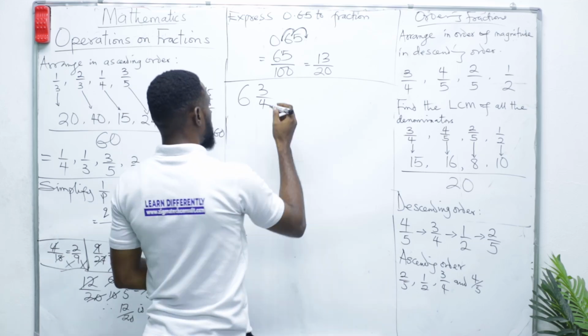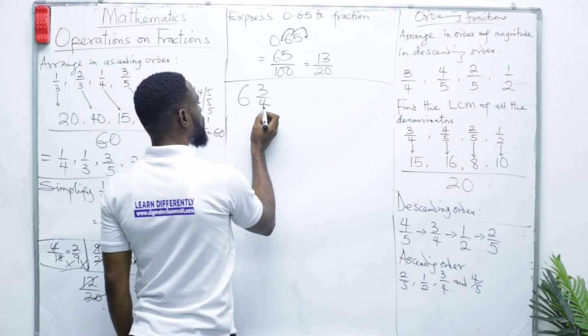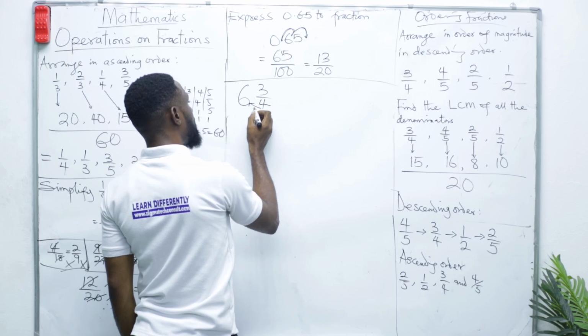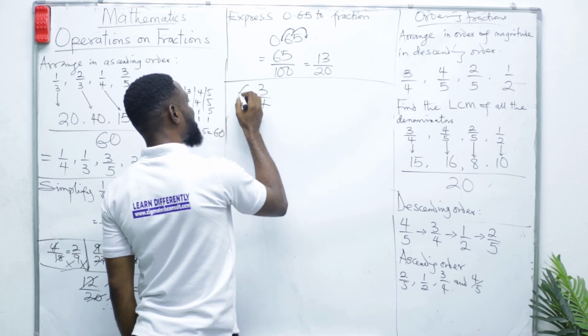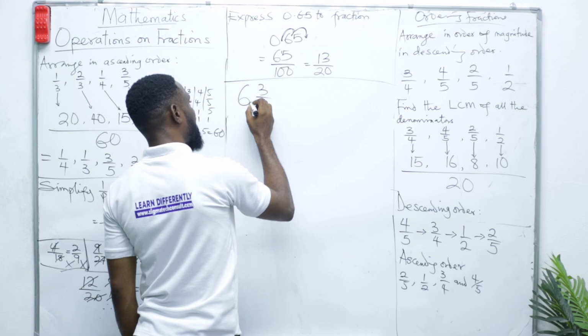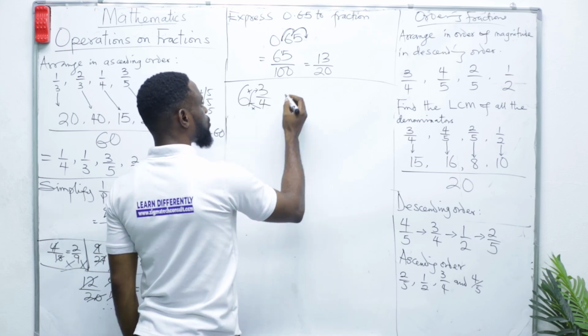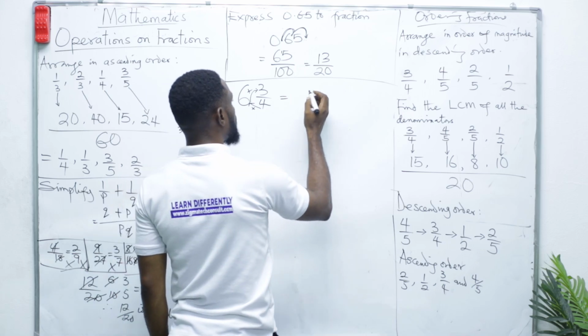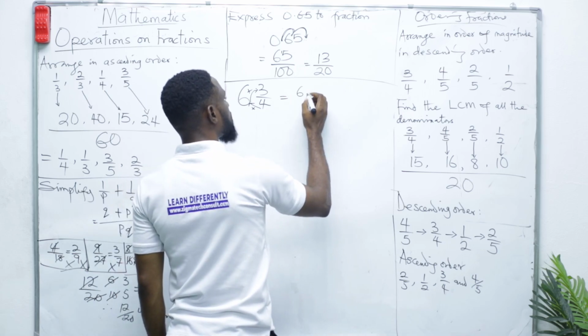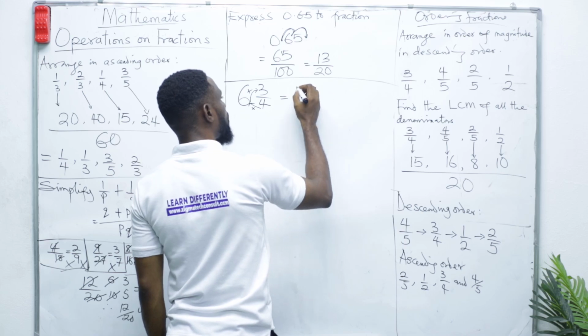How is that done? Okay, this multiply by this, then the answer we get here will be added to this. Do you understand that now? So this will be equal to 6 times 4.